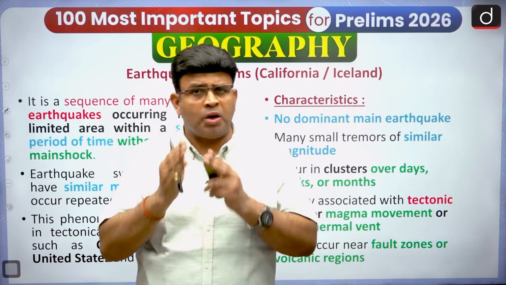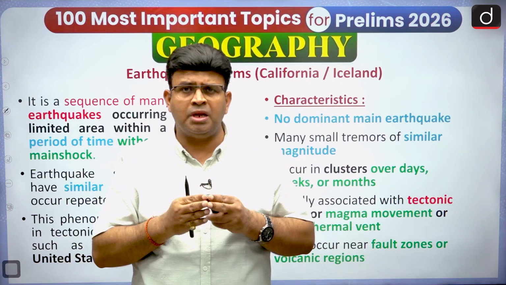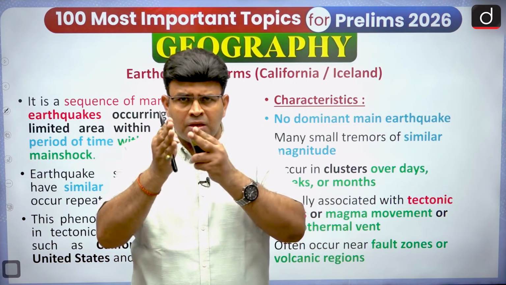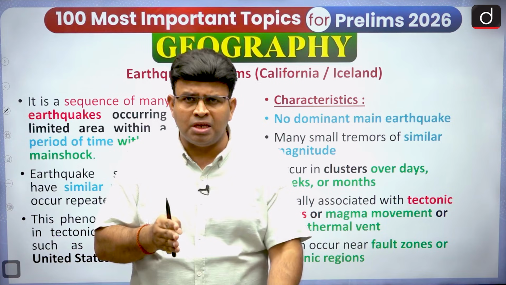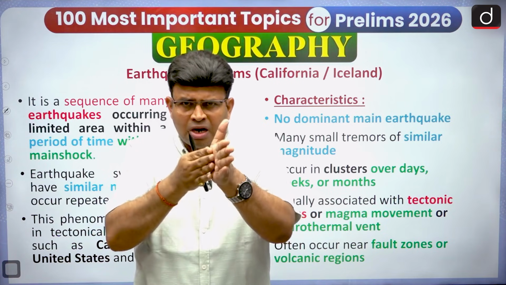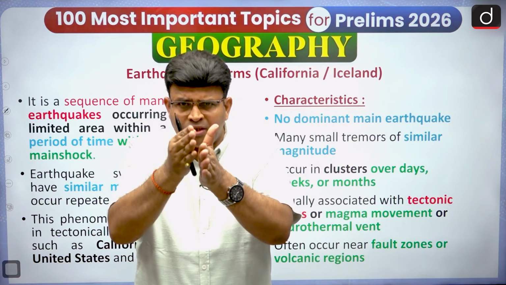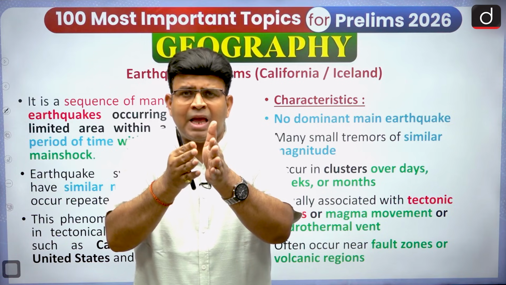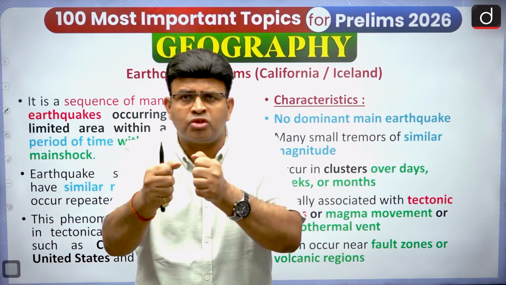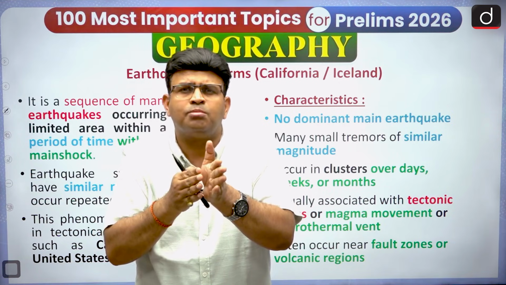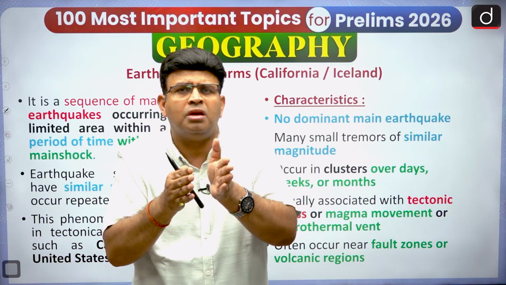Due to some tectonic movement, especially at a transform boundary, some liquids like magma come in. The liquid acts like a lubricant, so it helps in not giving a strong shock or strong shaking of the earth. It gives a small shaking of the earth.